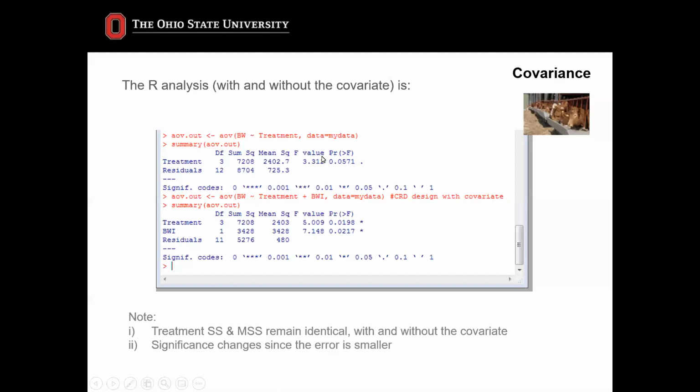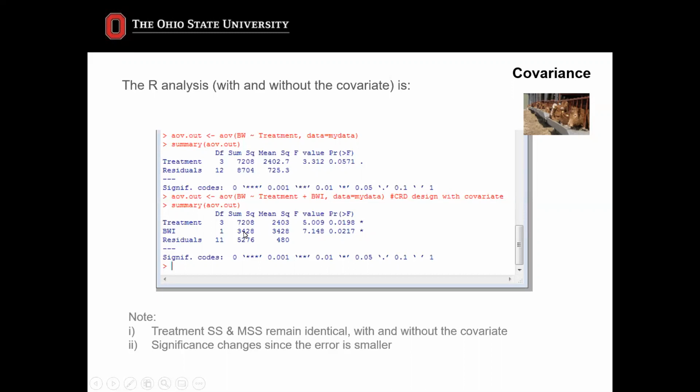However, some component of the variation was the result of different body weights at the start of the experiment for each of the experimental units. And when we add body weight initial into the experimental design, we can see that there's quite a large contribution to the sums of squares.